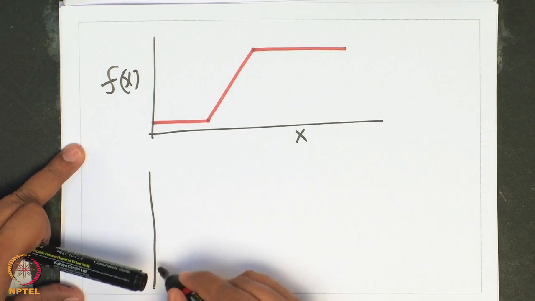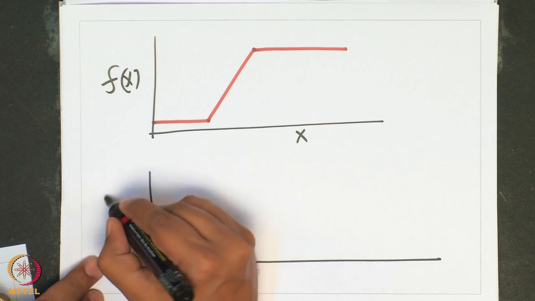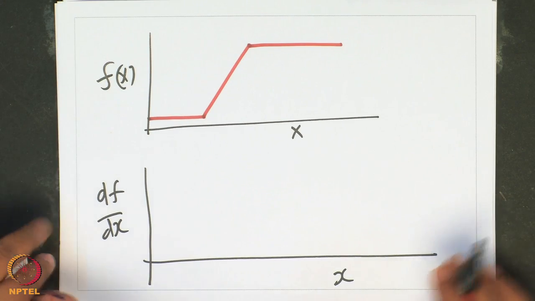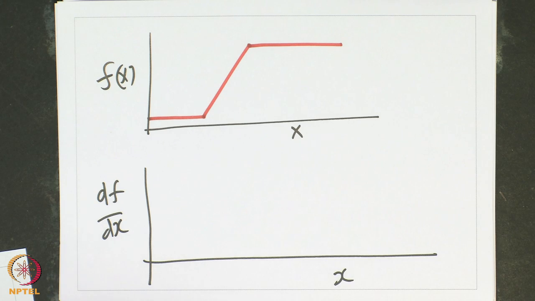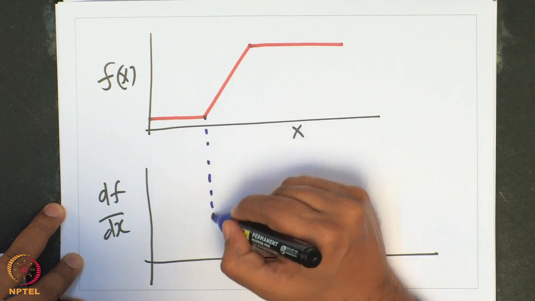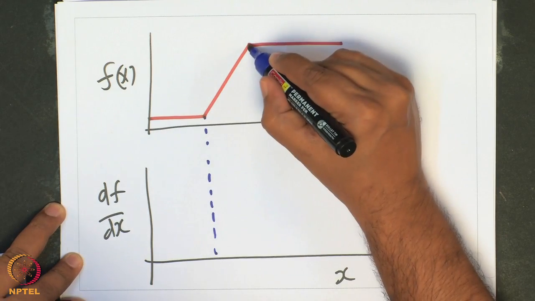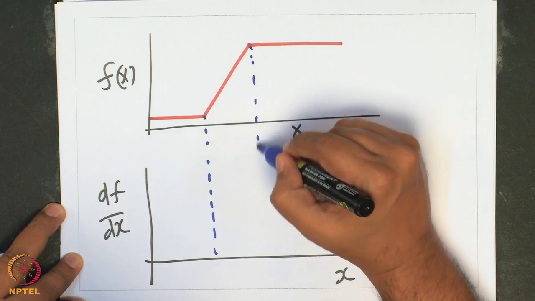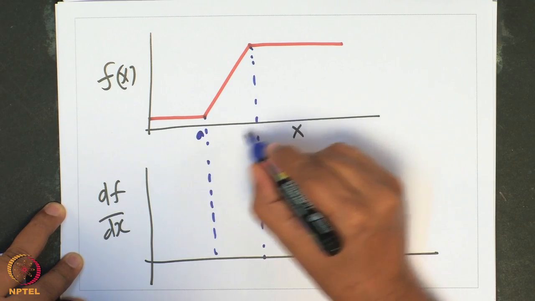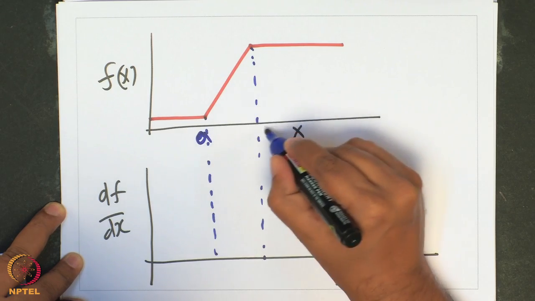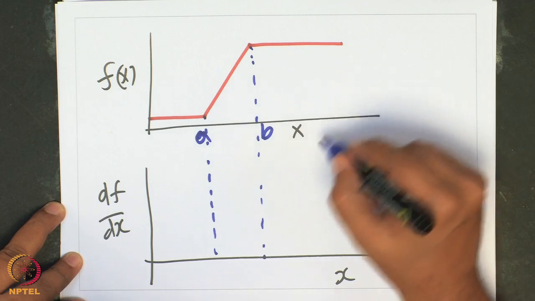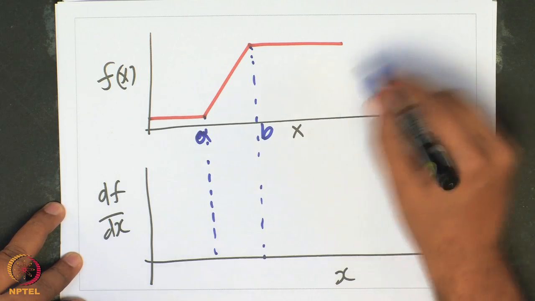Now, what we want is its derivative, df by dx versus x. This is what we want to plot, and what we know is that up to this point the function is constant. Let me call this point a, and this point b. Between a and b it is like a straight line, and beyond that the derivative is 0.